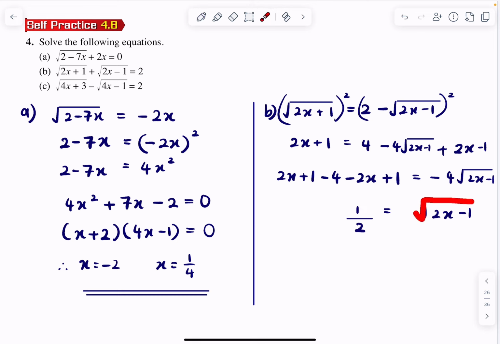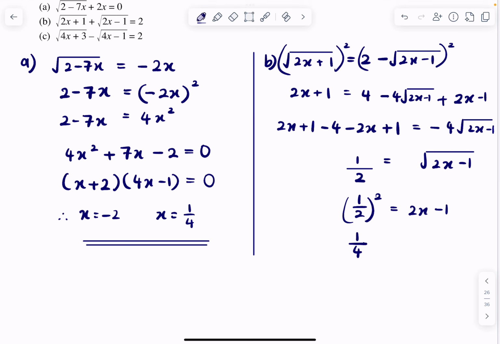Then this square root, we move over this side, becomes square. So 1 over 2 squared is 2x minus 1. So 1 over 2 squared is 1 over 4, 2x minus 1.